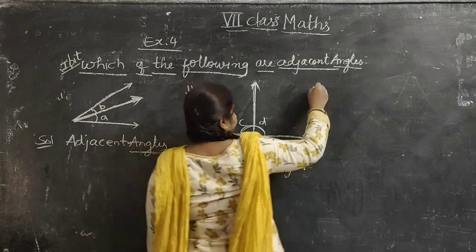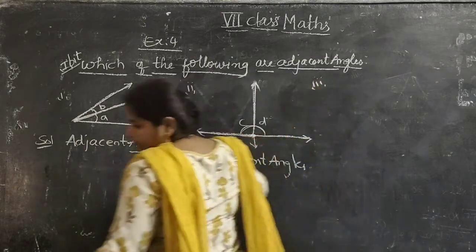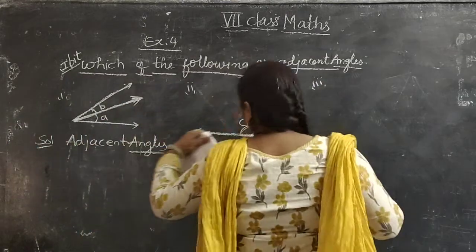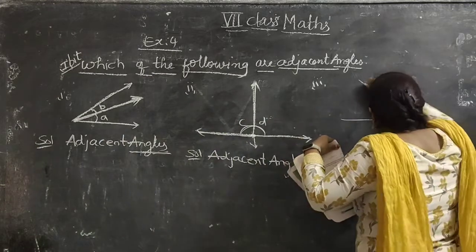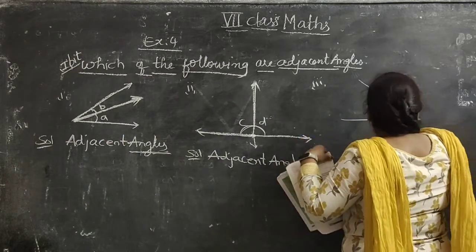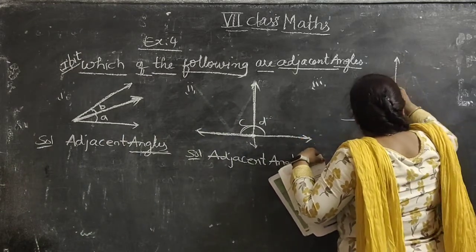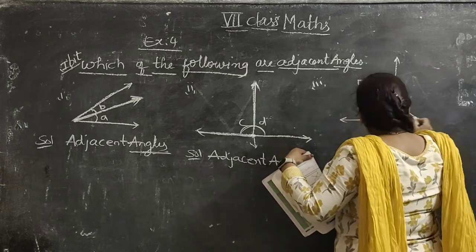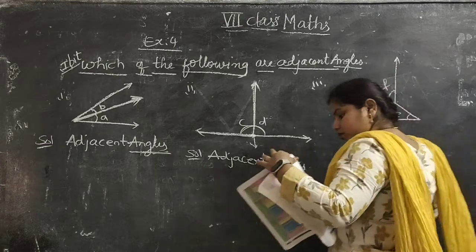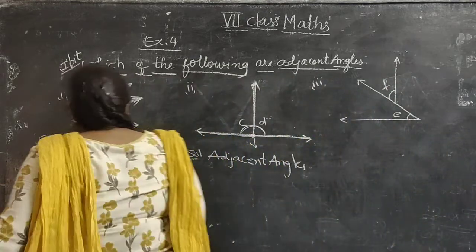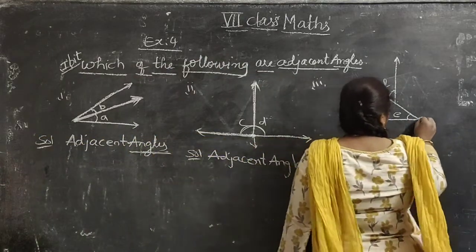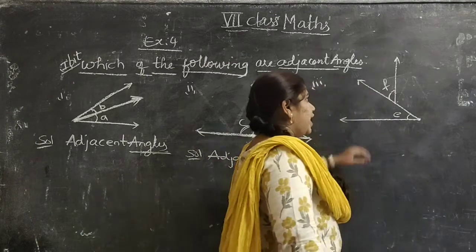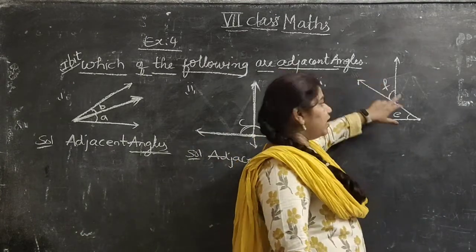So the last figure. If you see this figure, we have two angles, but they are not adjacent.